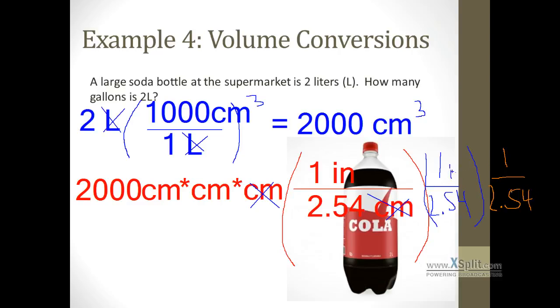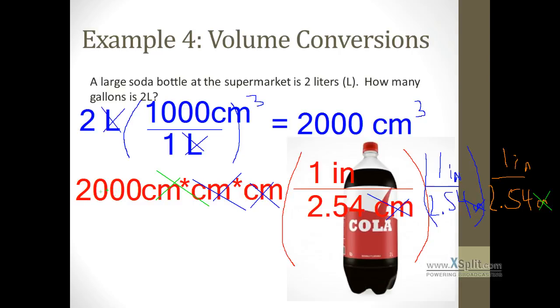These are in inches on top and in blue centimeters on the bottom. For each one of these, 1 set of centimeters is going to cross out. Another set of centimeters can go ahead and cross out.